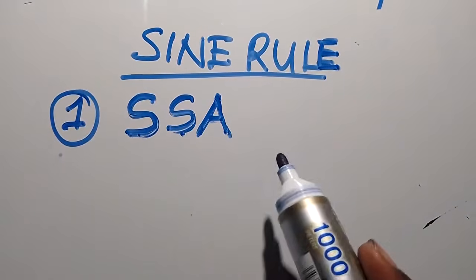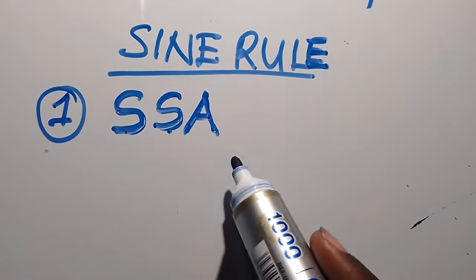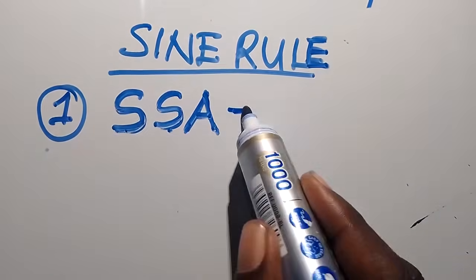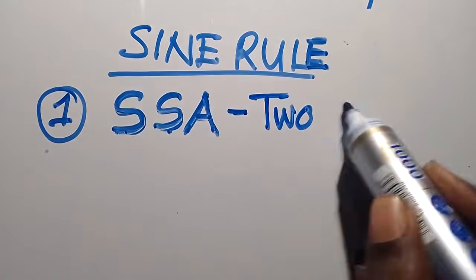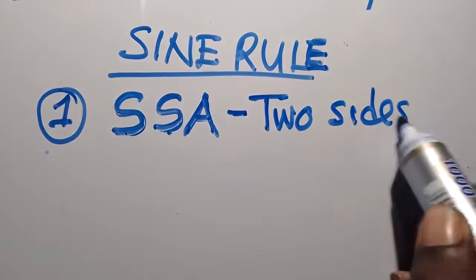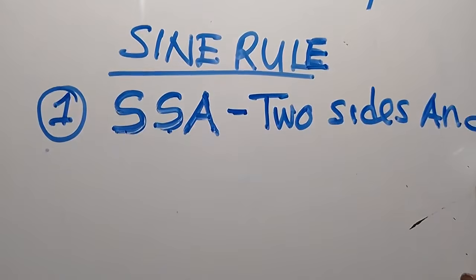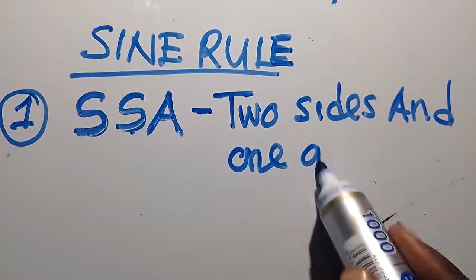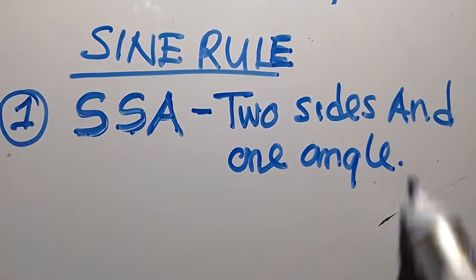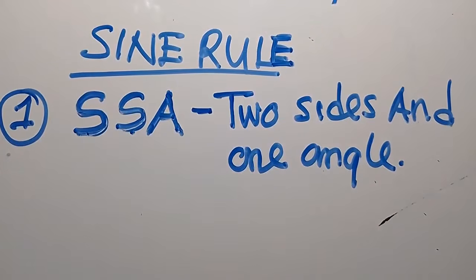You can write this in words so that you understand. Two sides and one angle. In this case, as you can see, I've not included that the angle should be put in the middle.